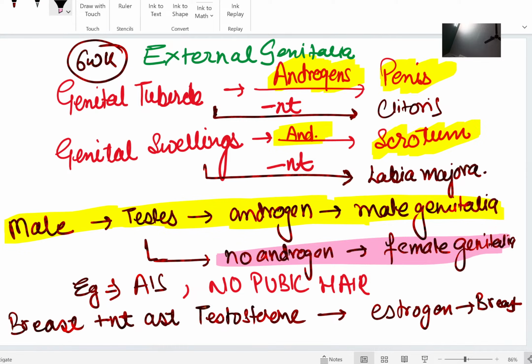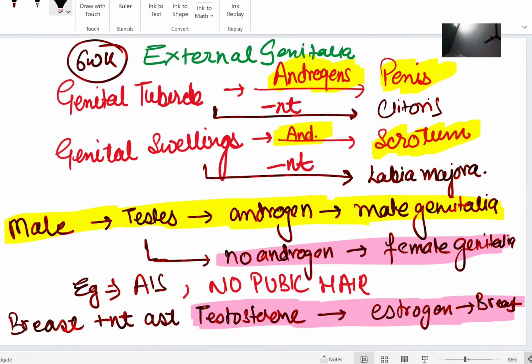It is present because this testosterone is of the male amount. In males, there is very high testosterone, around 200. This testosterone is not acting anywhere, but it gets converted into estrogen, and this estrogen then forms the breast.